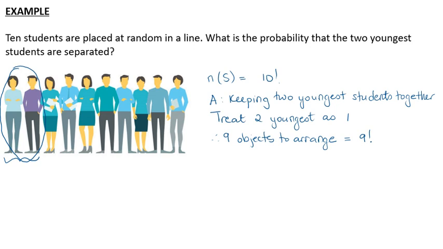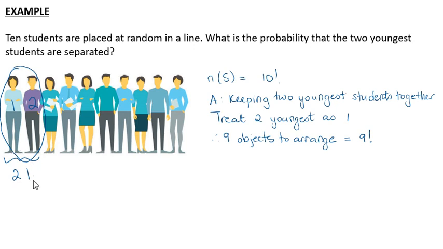Then we arrange those two students between themselves, right? So here, call this student number 1 and call this student number 2. Apart from having them as 1, 2, we could also have them as 2, 1. So we had the purple shirt person here and then the blue shirt person there.